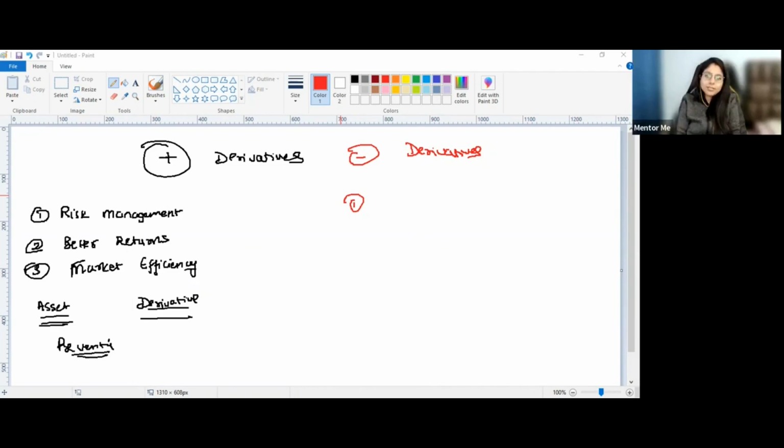Actually, I feel a different perspective on liquidity. Why I'm saying that? Because before derivatives, either we could trade upon a particular asset directly, or there was no indirect route to do that. For example, if you want to trade on Nifty, there was no route available through which we could trade on Nifty before derivatives.